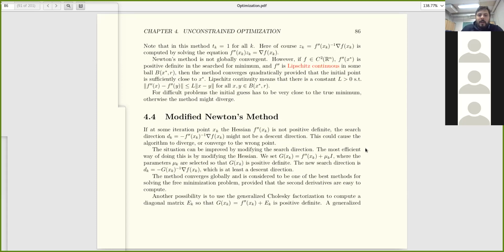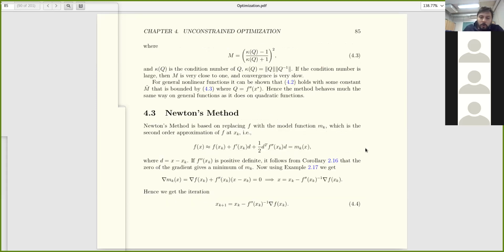The same holds actually in the modified Newton method. When we use the modified Newton method, we should really be careful in calculating the step length, because if we're modifying the matrix a lot, we can't just go into this new direction blindly, hoping that the matrix is doing the job. So in the modified Newton method, we need to figure out the step length.